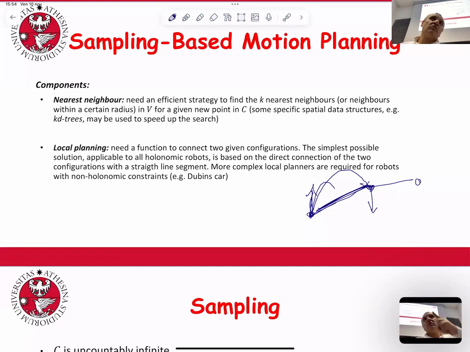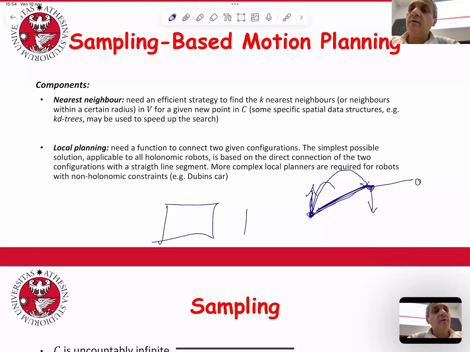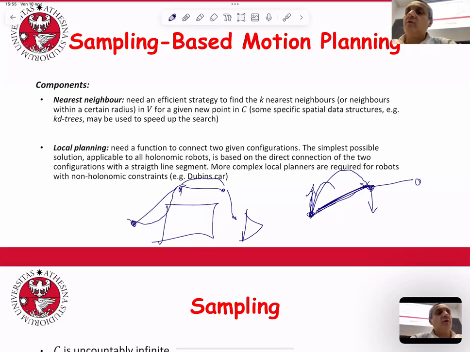Okay, because suppose you consider this type of structure here, then you say, okay, this is my shortest path. Then when you try to do your interpolation, you find that actually this is the trajectory that you follow. I crash here.